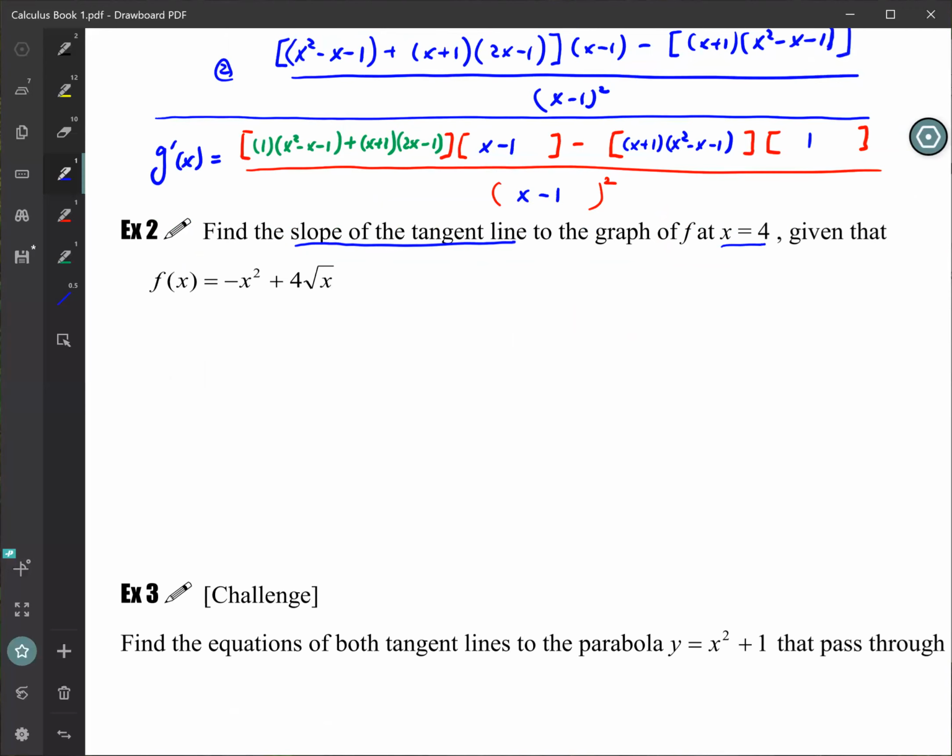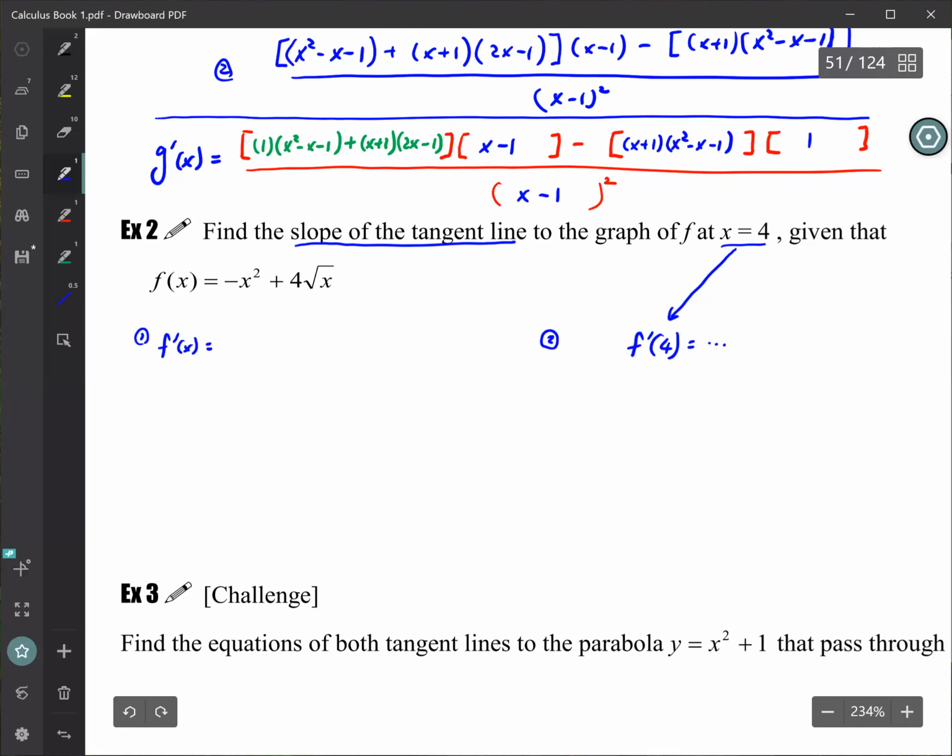So first, you need to find the slope at any point using the rule that you've learned so far. After that, this means slope at x equal to 4, so the symbol is just f prime of 4. You just plug the 4 into whatever you got in your step 1. I'll let you finish this part. This is not difficult. When you finish, please raise your hand.